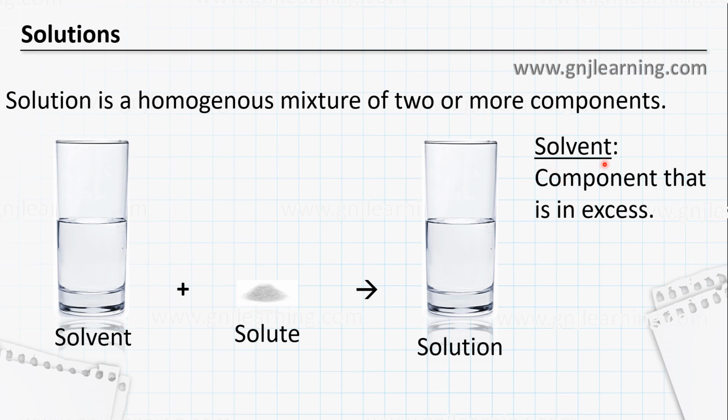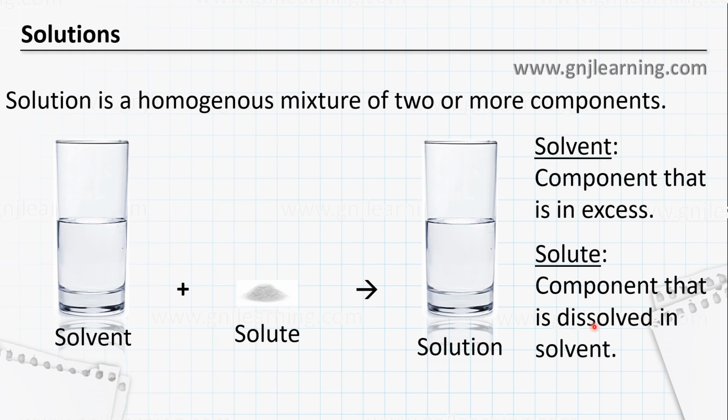So what is solute? Something that is dissolved in the solvent, or something whose number of moles is limited, is called a solute. When we mix two things together to make a solution, the one that is in excess is called the solvent and the other one that is dissolving in the solvent is called the solute.